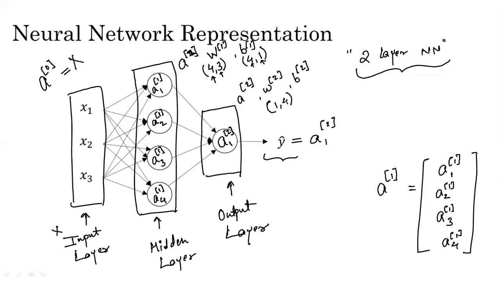For the parameter B2, the dimension is 1 cross 1: 1 because we have only one node in this output layer, and it is a real number, so this would be a 1 cross 1 matrix. I hope these dimensions are also clear to you.